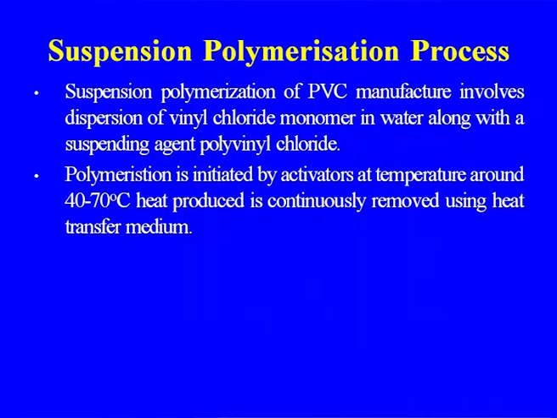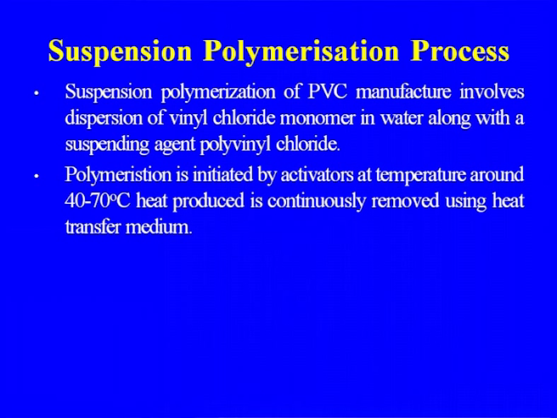Let us now discuss the various steps involved in the suspension polymerization process of polyvinyl chloride manufacture. Suspension polymerization involves dispersion of the vinyl chloride monomer in water, as the name itself says, the suspension, the monomers are in suspension form.